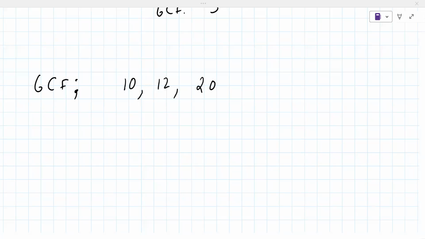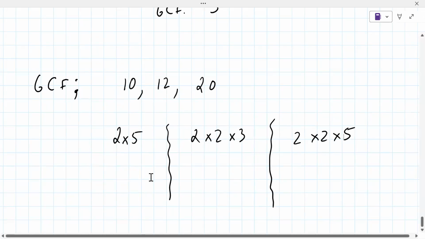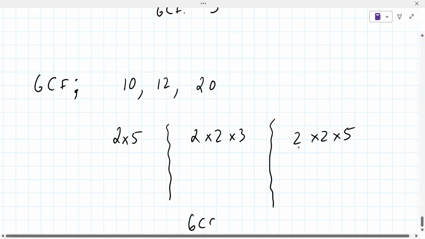So for 10, I got 2 times 5. For 12, I got 2 times 2 times 3. And for 20, I got 2 times 2 times 5. Now this time the number has to be in all three. So 2. Yes, so your GCF is 2.